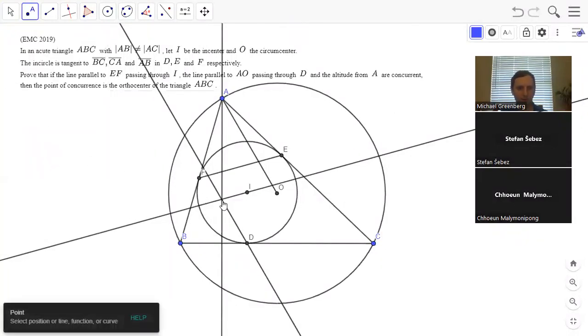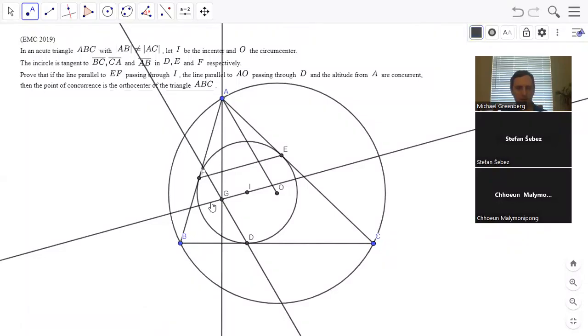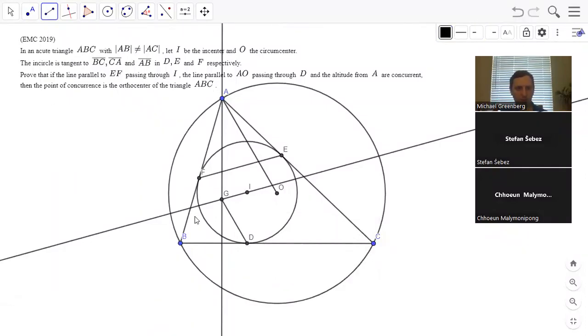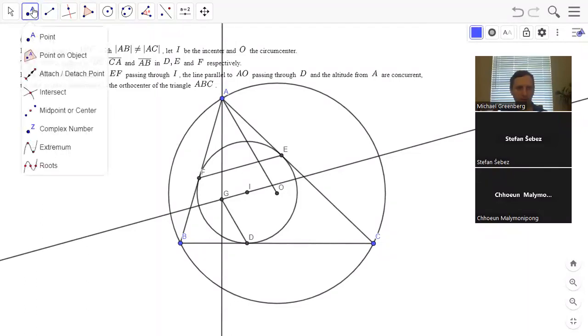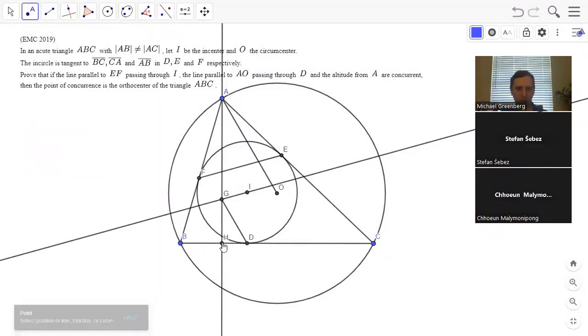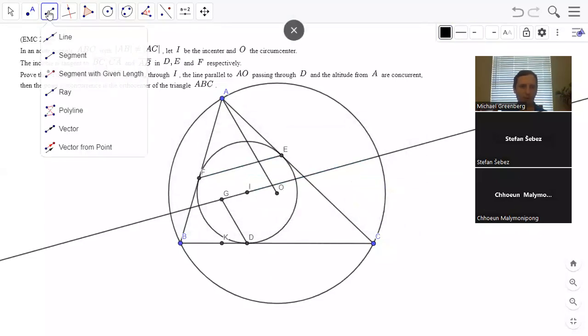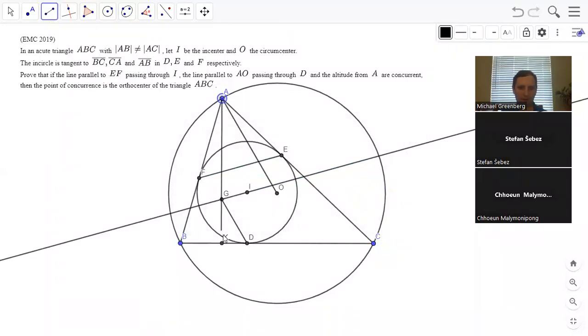All right. So DG is going to be parallel to AO, and AG is the altitude. Call this K. And IG is parallel to EF.